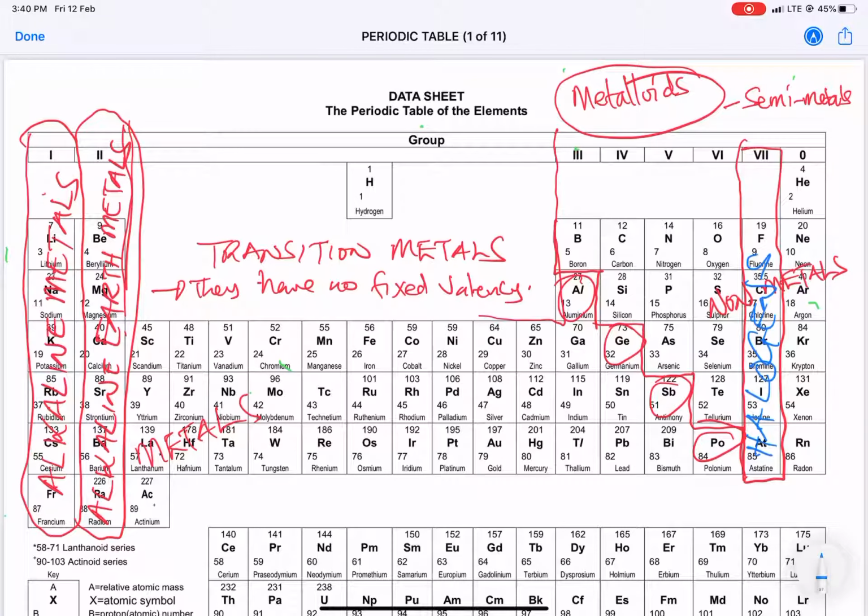And then group O elements are called inert gases or noble gases.